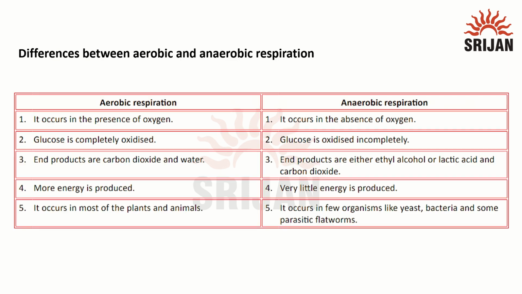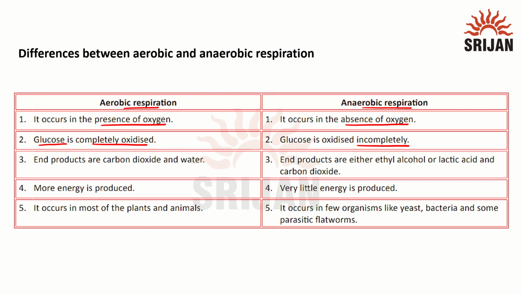Now, if we see the main difference between aerobic and anaerobic respiration, first and foremost, the difference is oxygen presence and absence. Aerobic respiration requires oxygen, anaerobic respiration doesn't need oxygen, absence of oxygen. In aerobic respiration, glucose is completely broken down or oxidized. In anaerobic, it is incomplete.